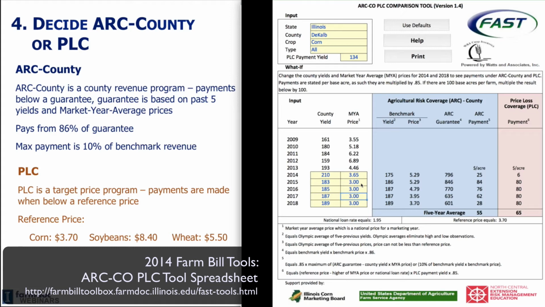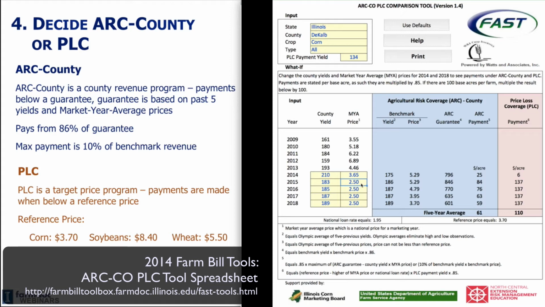So if we get below that $3, our PLC would make higher payments. If you want a really bad scenario, go to 250. And here you would probably be hitting payment limits, obviously, but PLC would be making payments. ARC would make payments, but not as high as PLC.